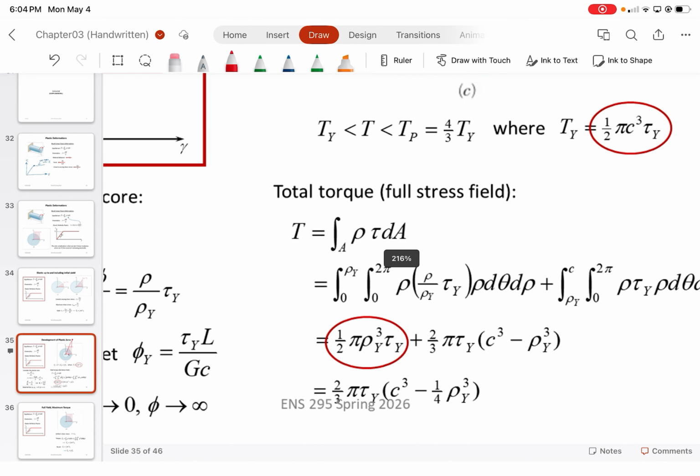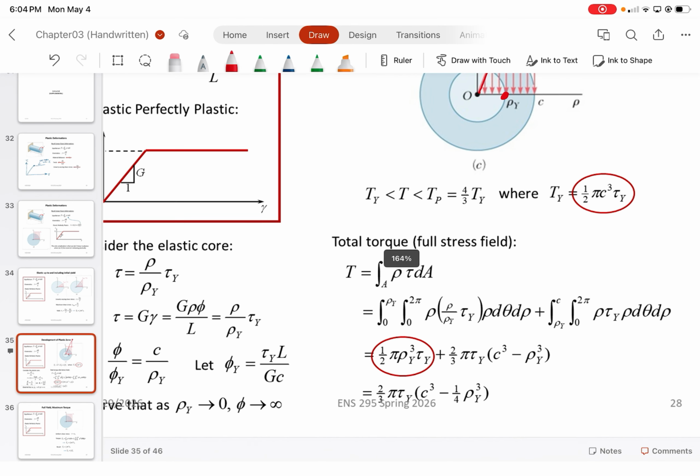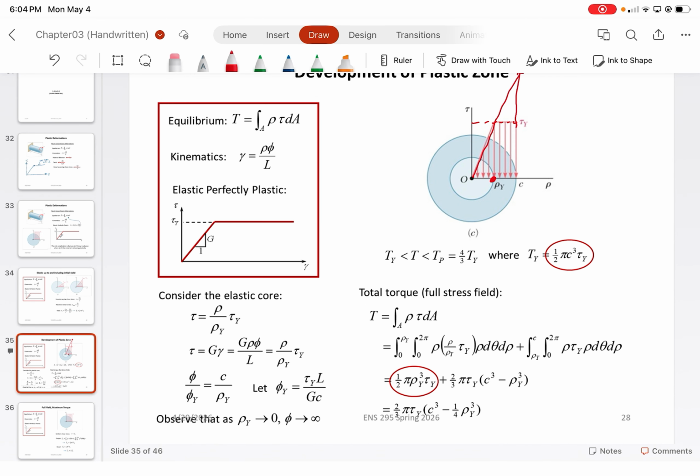So you can see mathematically how it would work out.